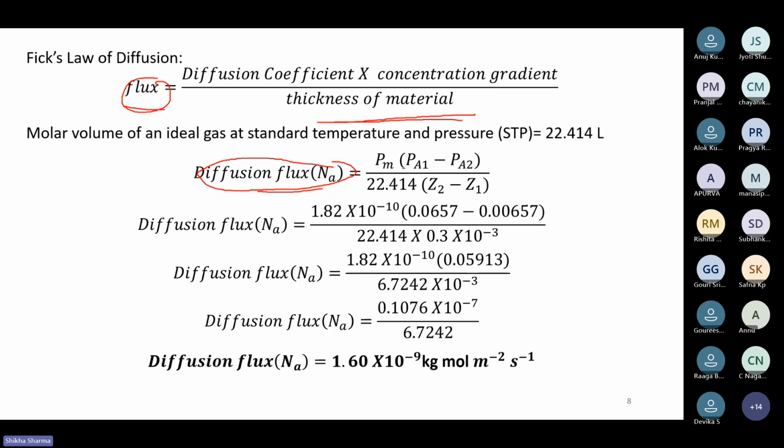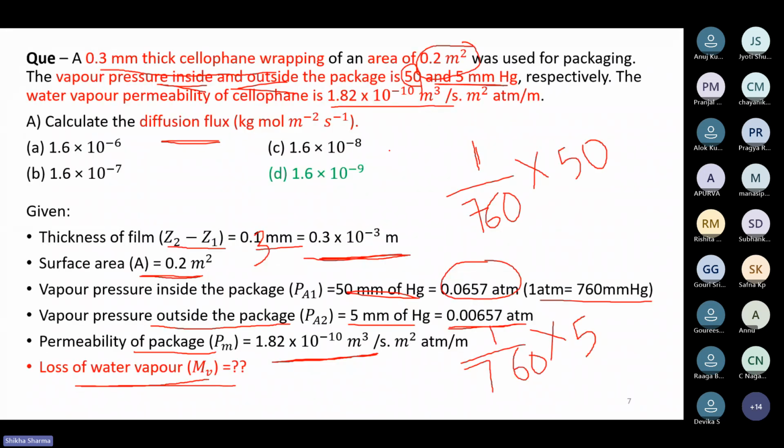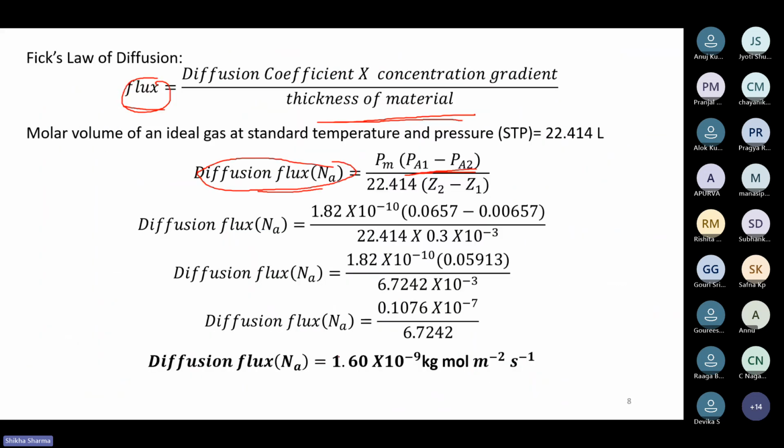Diffusion flux is equal to the concentration change, which we can also write as the change in pressure, into the permeability coefficient, divided by the thickness of the material, Z2 minus Z1.